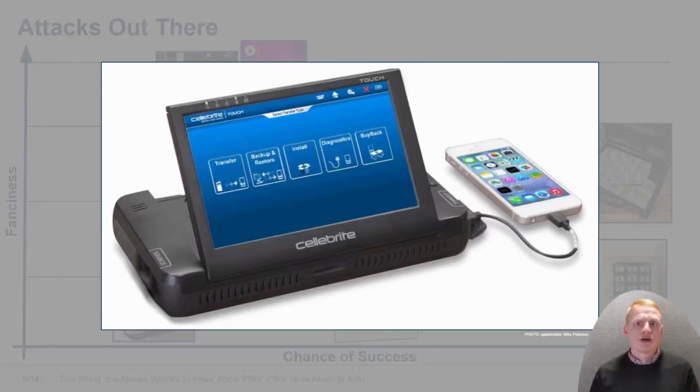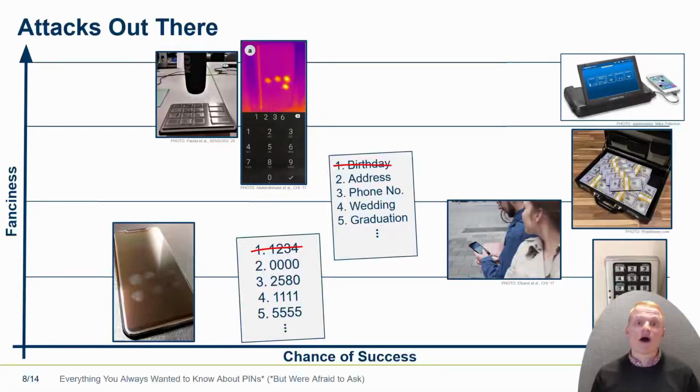These ones, however, definitely require some form of technique, so the level of fanciness, I'd say, is pretty high. But in addition to that, the success rate is also pretty high. It's nearly 100% in most of the cases, because there's really nothing that you can do. Those attacks are based on flaws in the software and are possible on certain versions, on certain models, not in all cases, but in many.